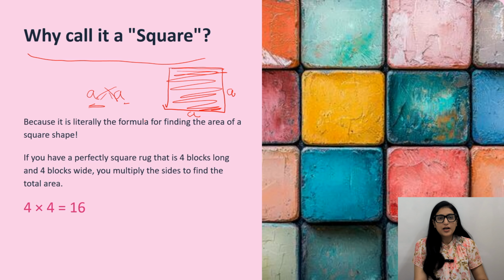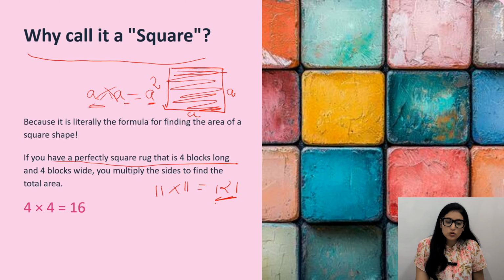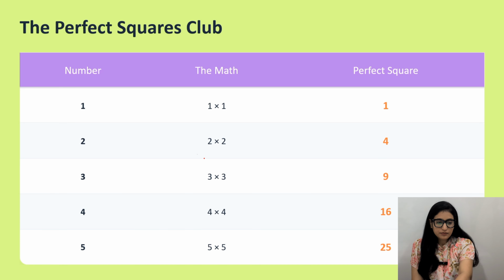A is multiplied by its identical twin, that is itself, and we are getting A squared, which is the square of A. Similarly, you can find the square of any number by multiplying it by itself. For example, 11 into 11 will give you 121, which is the square of 11.